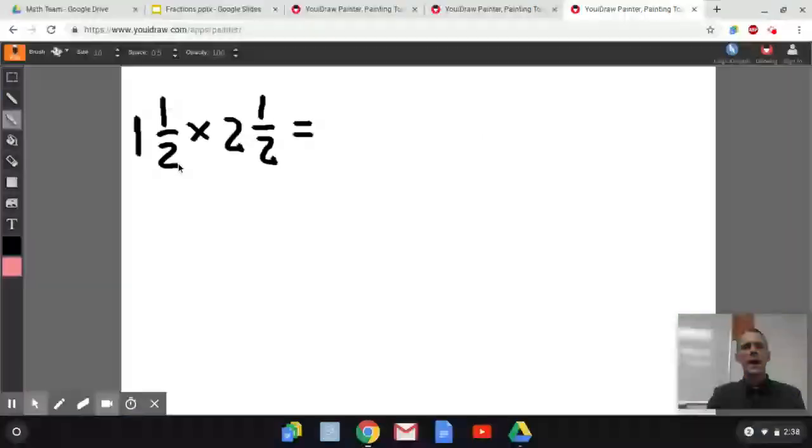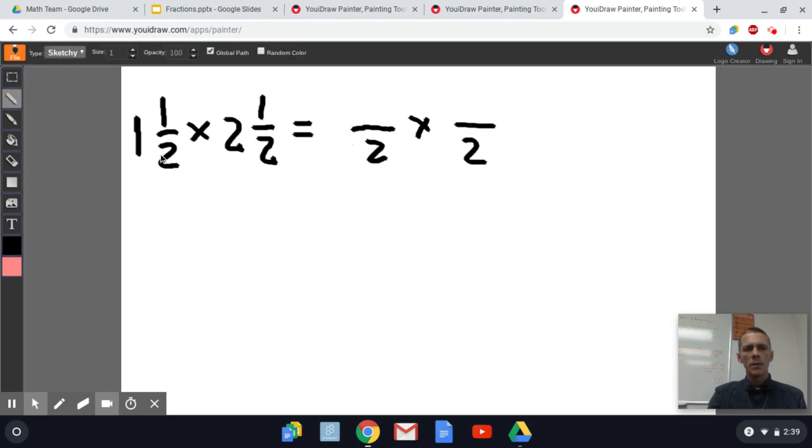1 and 1/2 times 2 and 1/2. So I already know I am going to have to change these fractions over. I also know that both of my denominators are going to stay the same. Next thing, I'm going to multiply and then add the top.